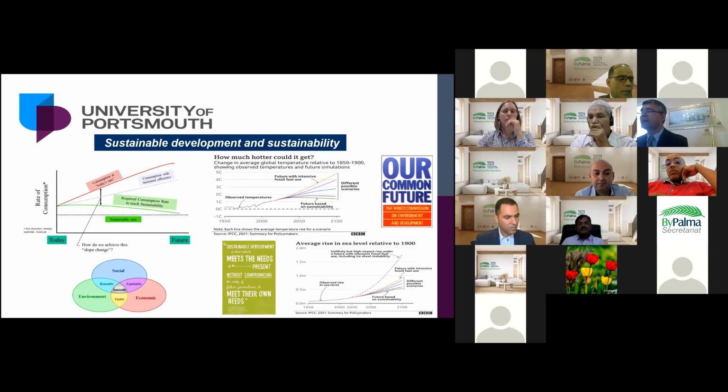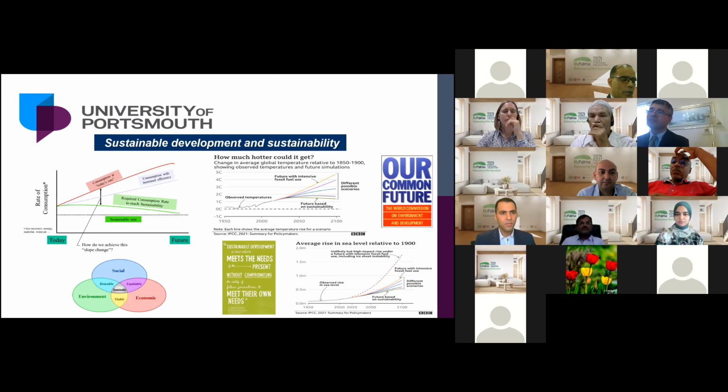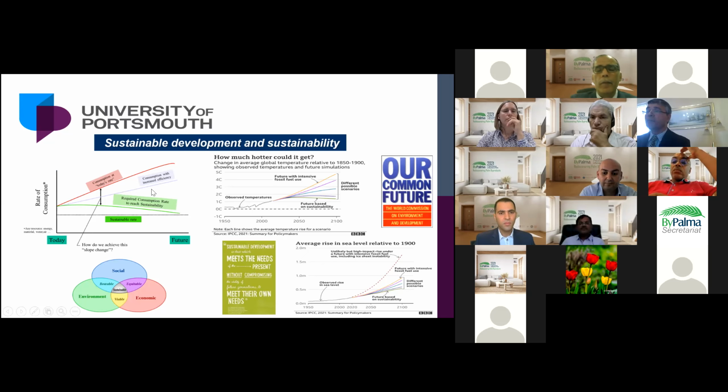This is just a very quick overview again. The way we are consuming materials is just unsustainable. Today's rate, you can see here, is just not sustainable. With increased efficiency, we can bring this down, but the required consumption rate is this, and this is the sustainable rate. So how do we do that? That's the challenge. And if we look at recent climate change, we have had bushfires, flooding in Europe and flooding in the USA, and so many things happening.